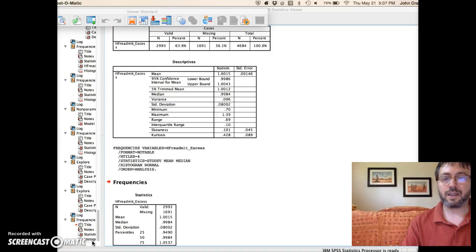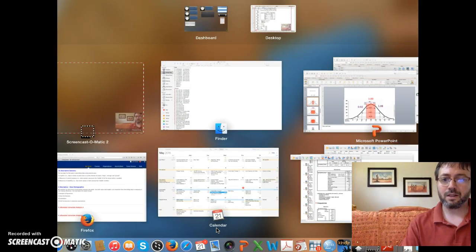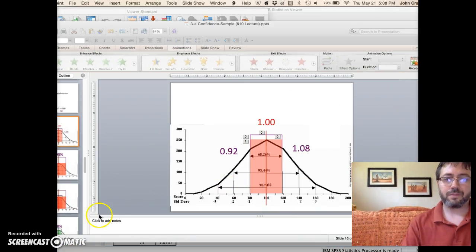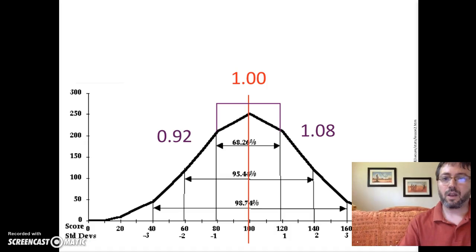So if we take these data from SPSS and go back in to our discussion on this graph, we have the mean value of 1, and we add the standard deviation of 0.080. We add it to the mean, and we subtract it from the mean, and so that tells us that between 0.92 and 1.08, 66% of all values are contained.